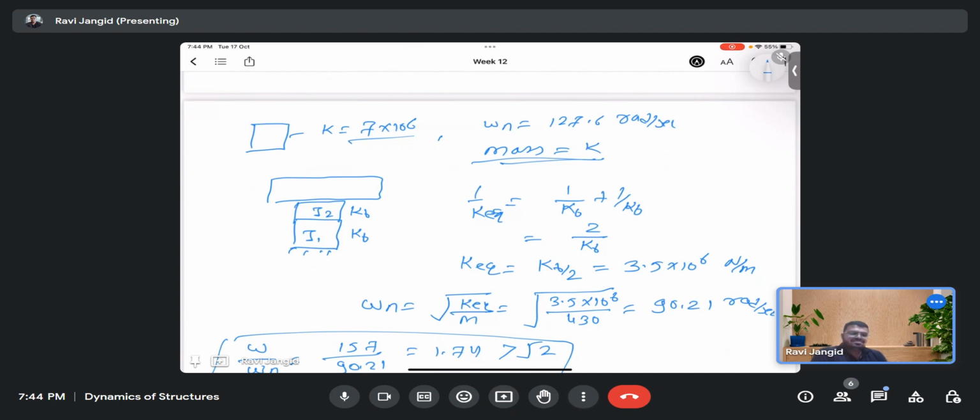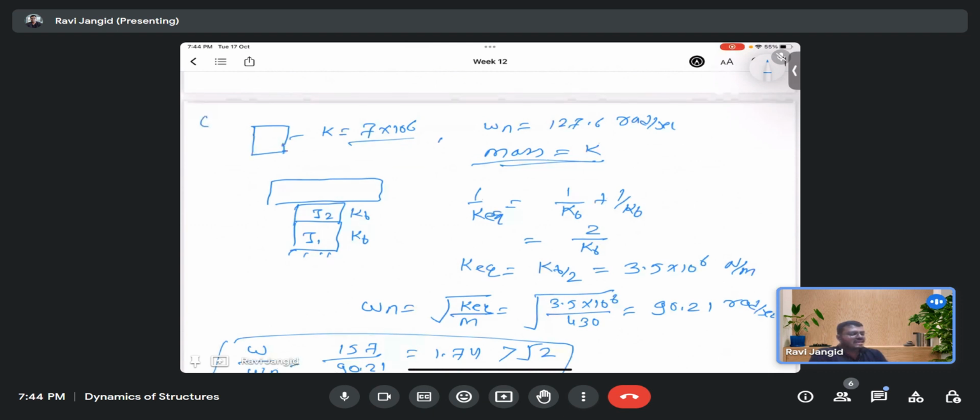Are you getting it? Yes, sir. If I have the available isolators, like in the first case we considered, only the same kind of stiffness properties. This is case one.